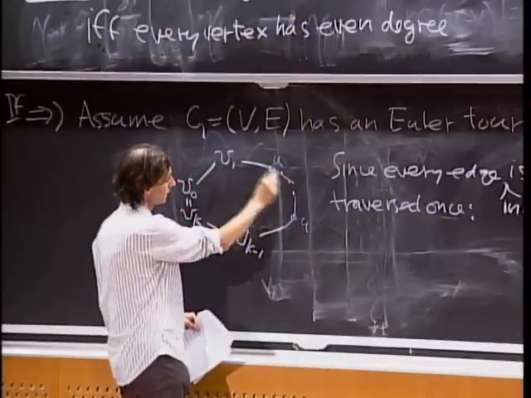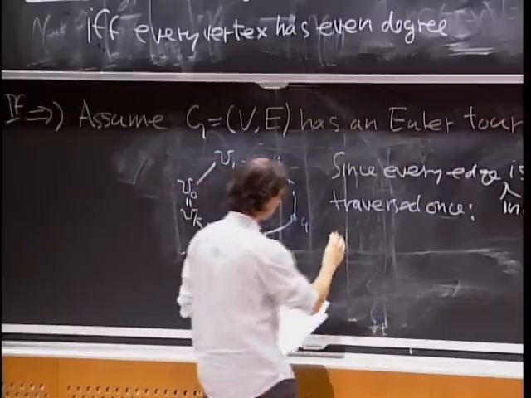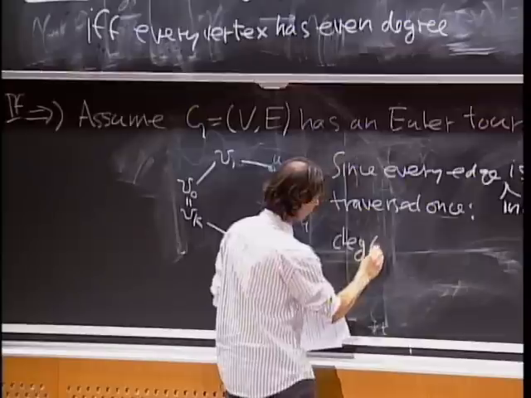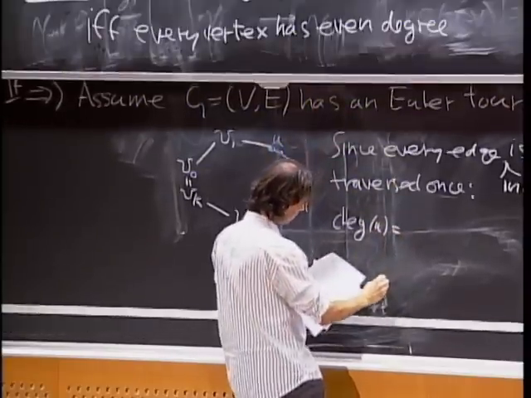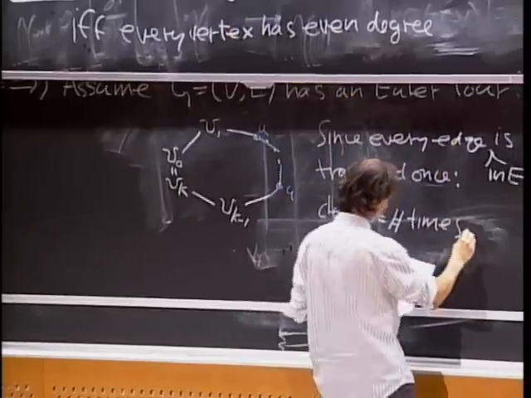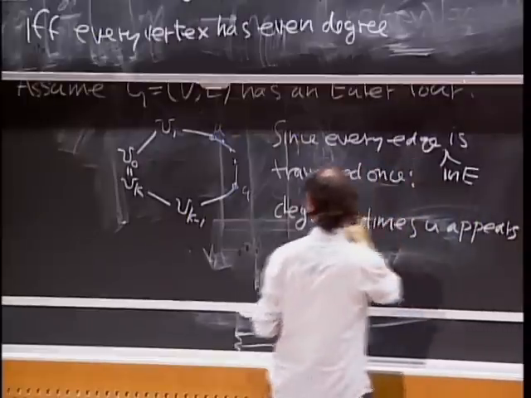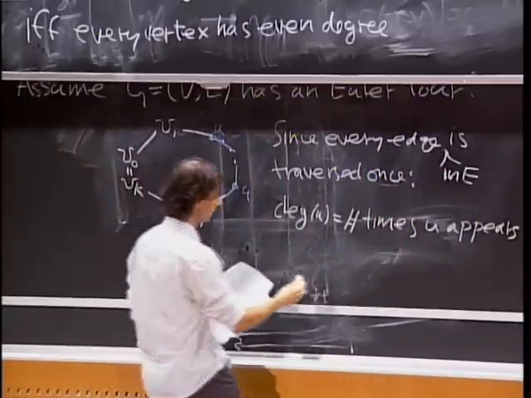Well, I know that all the edges are different, so I can clearly count this now. I can say that the degree of U must be equal to the number of times that U actually appears in this tour.